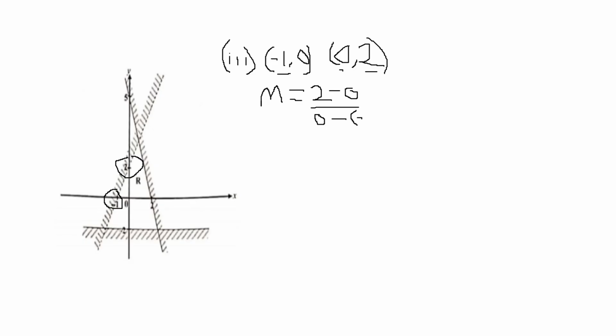So we write negative 1 in the brackets. When you do 2 minus 0, it's 2, then 0 minus negative 1 is 1. So our final answer will be positive 2.